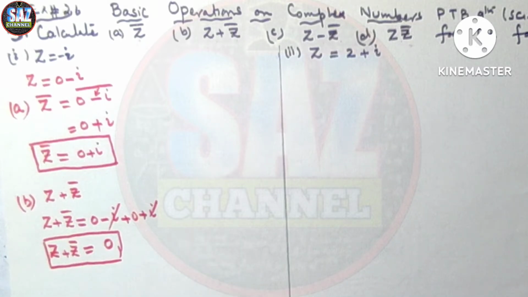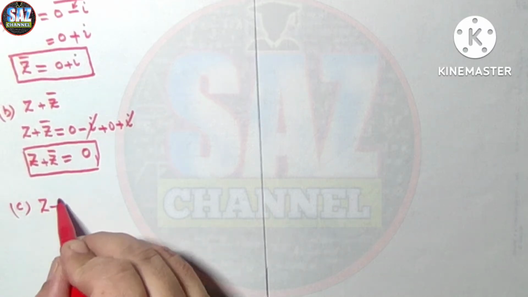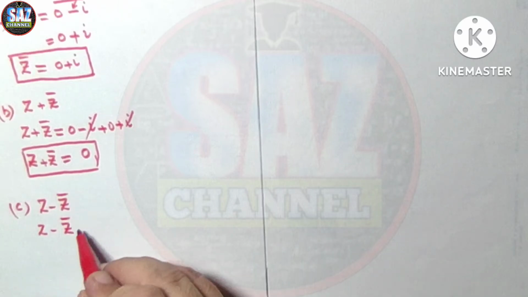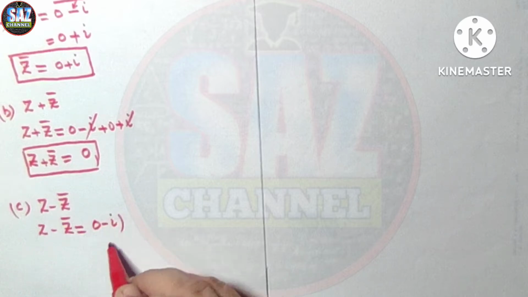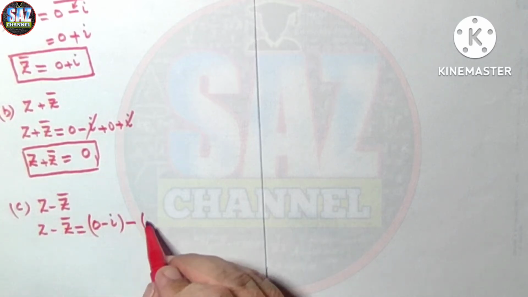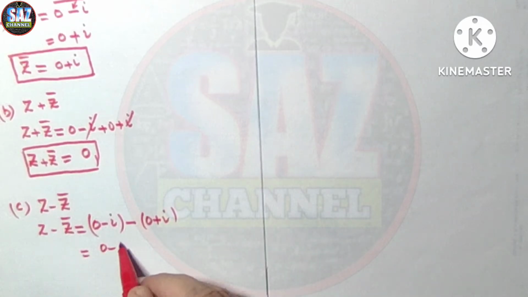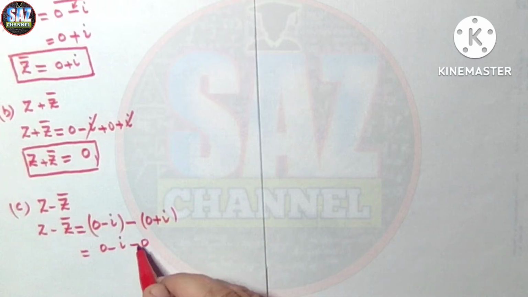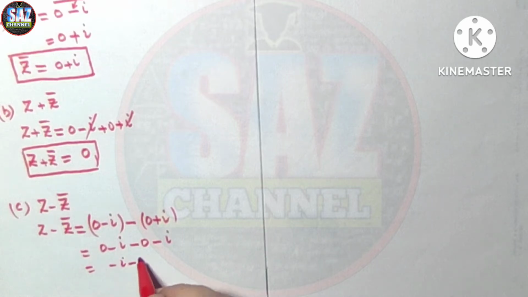Moving to z minus z bar. What we are going to do is that z is 0 minus iota, minus z bar, which is 0 plus iota. So, 0 minus iota, 0 does not make any difference, minus iota, and this is minus iota, which is equal to minus 2 iota.